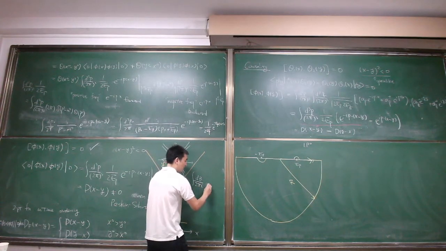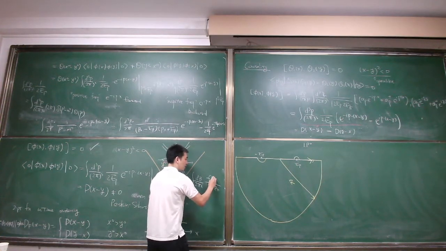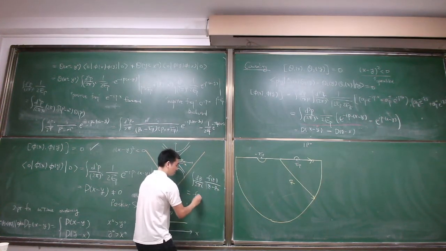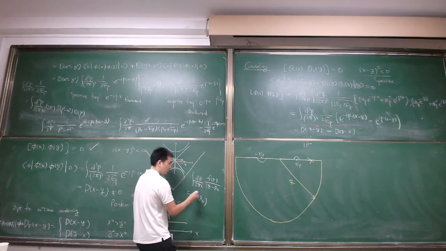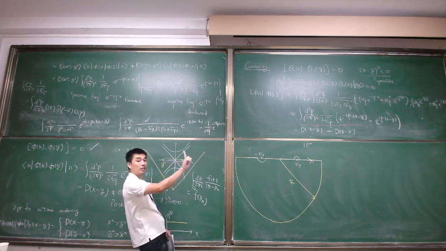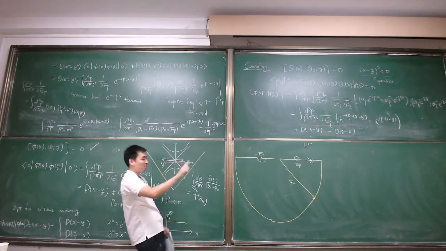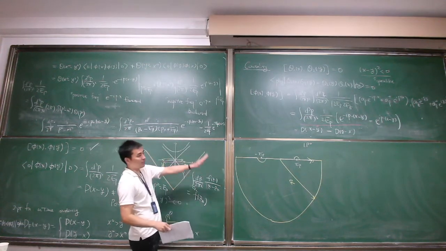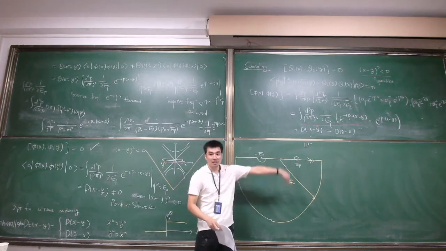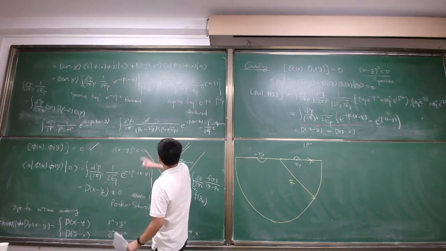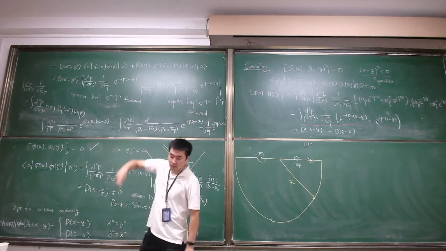The integral of f(z) over z minus z0 equals f(z0) if you contour z0 anti-clockwise. But you have to be careful of sign because the order is different.